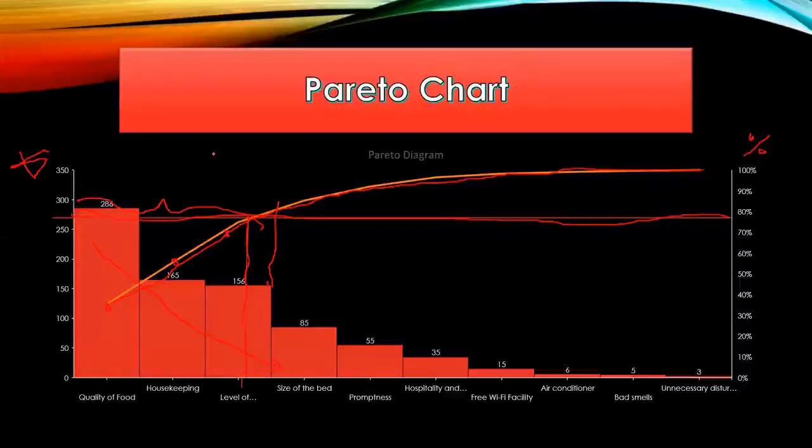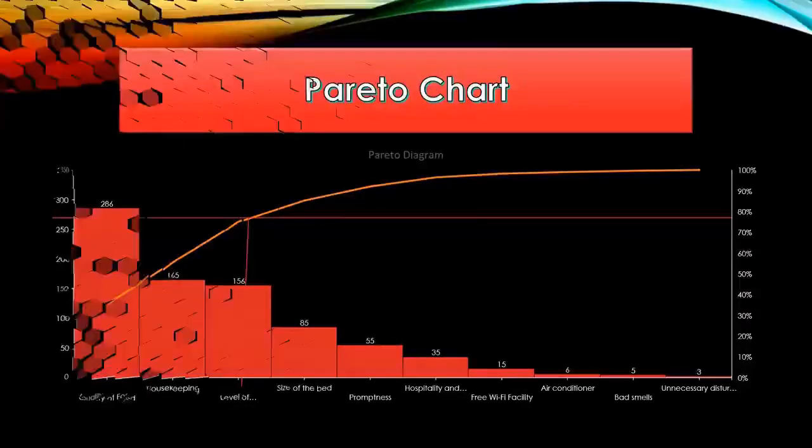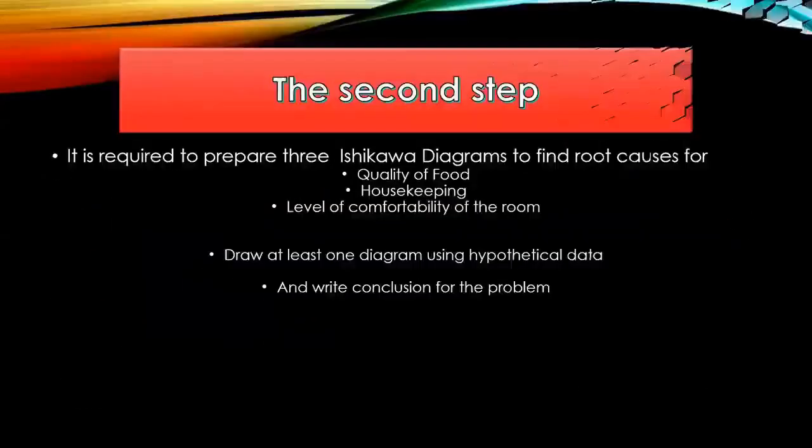That is the cause and effect diagram, or Ishikawa diagram, or fishbone diagram. We are going to use this Ishikawa diagram to recognize the root causes for those three recognized items, not for each and every factor, because we have limited funds and limited time.